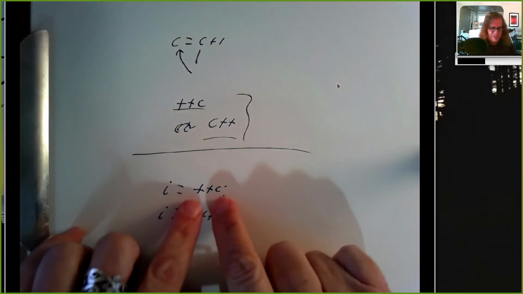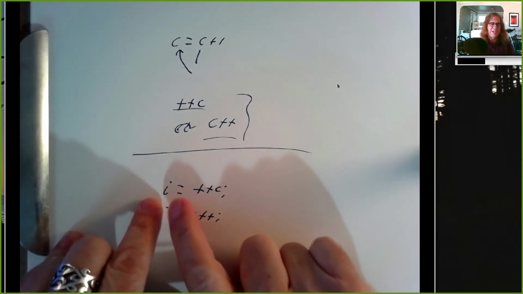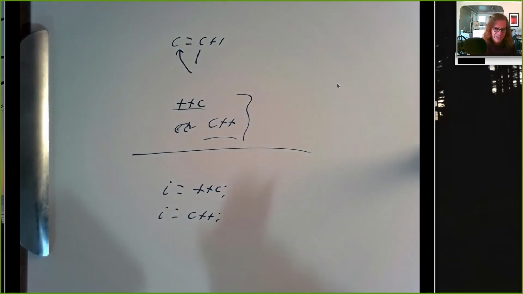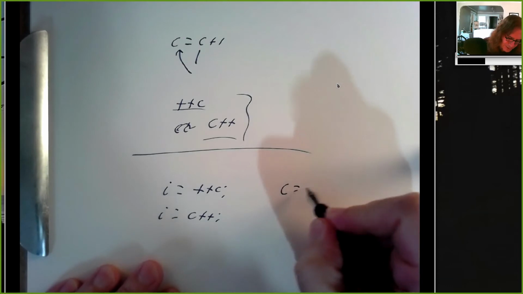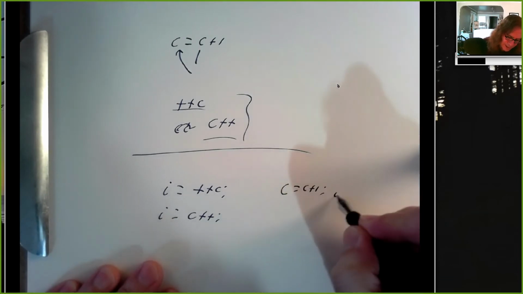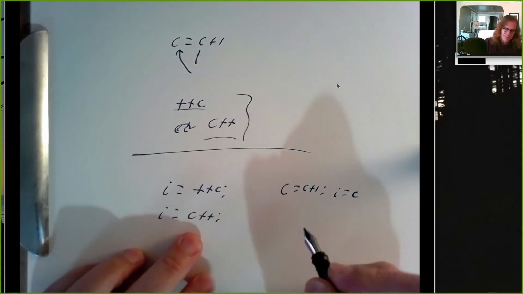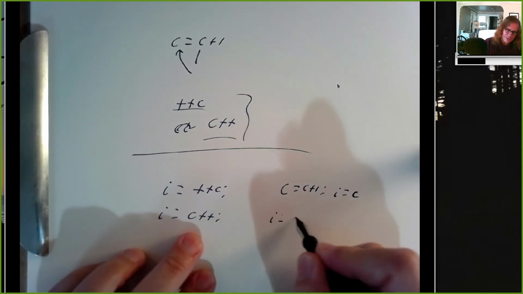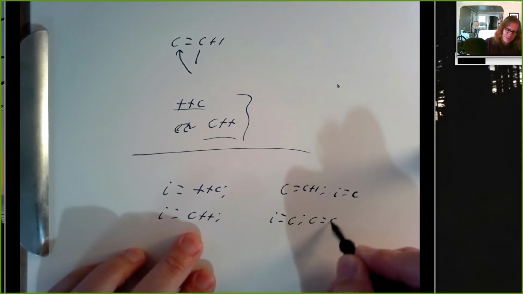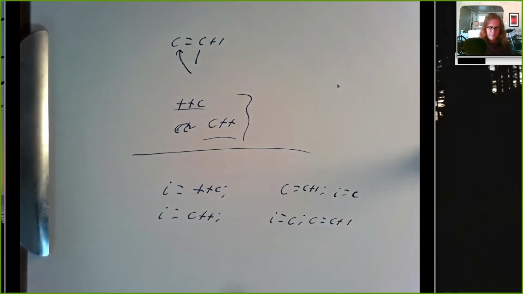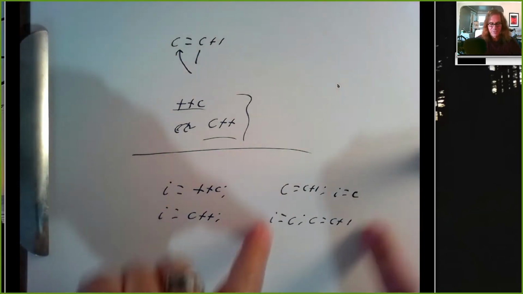So this will increment C and then set I equal to that value. So this looks like C equals C plus 1, and then I equals C. This is called a post increment, so this will look like I equals C, and then C equals C plus 1. So they do very different things, and it depends on when you want that increment to happen relative to the value that you're using. And if you're in doubt, split it up.